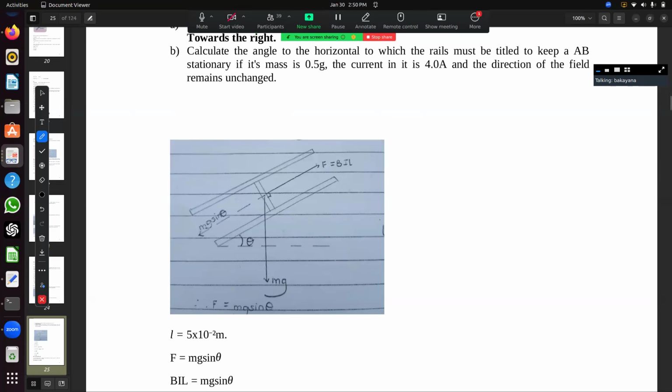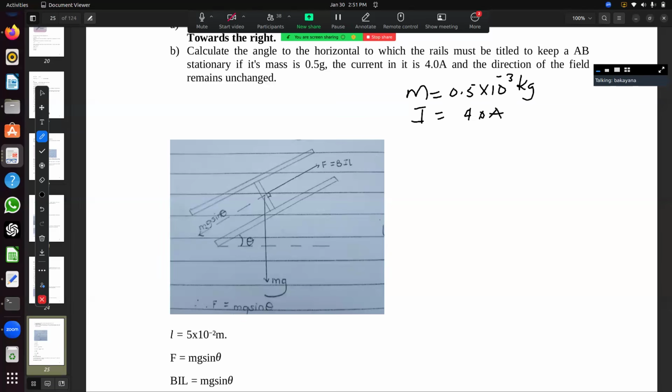Now here we have the mass 0.5 grams, which we can write as 0.5 times 10 power negative 3 kilograms. The current is given as 4.0 amperes, and the direction of the field remains unchanged.